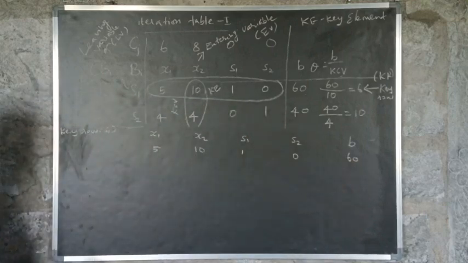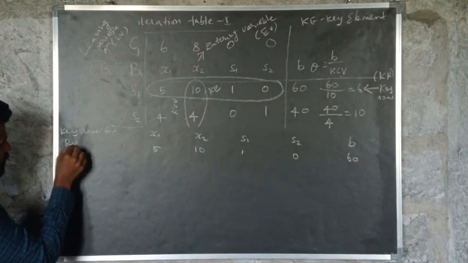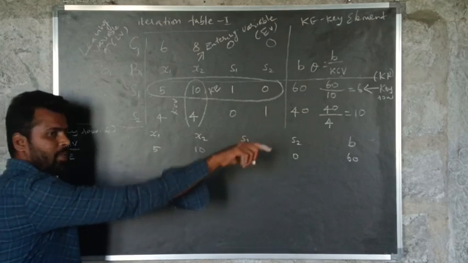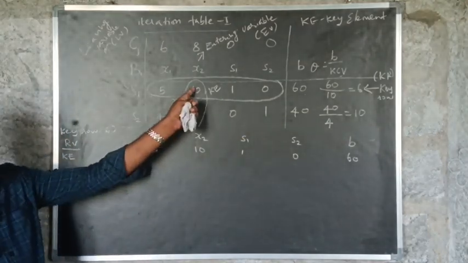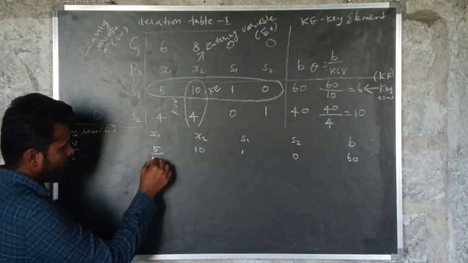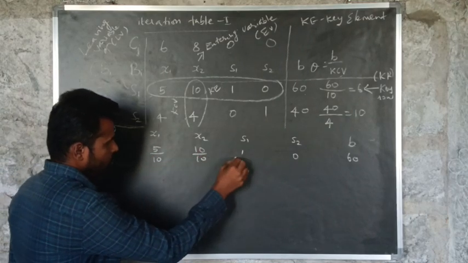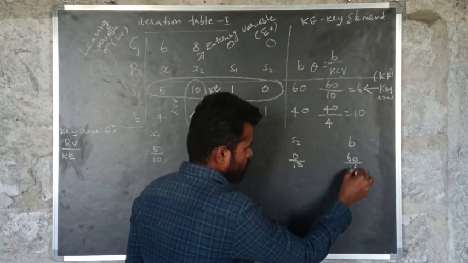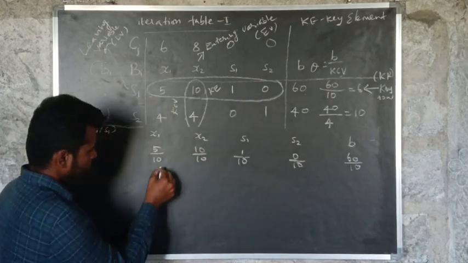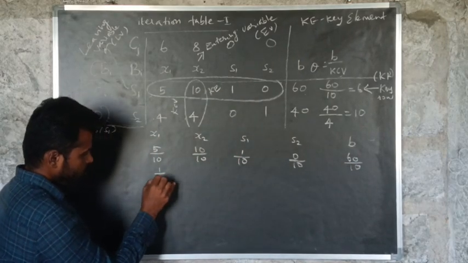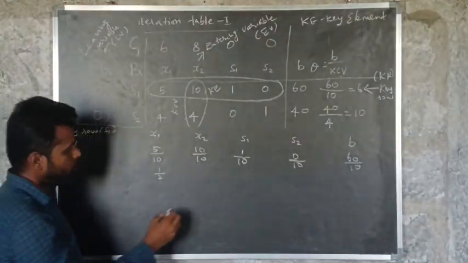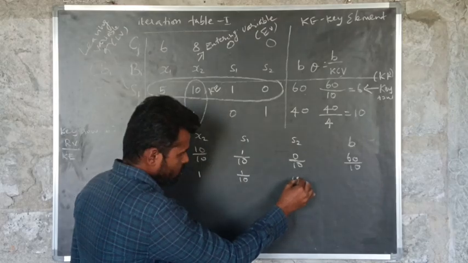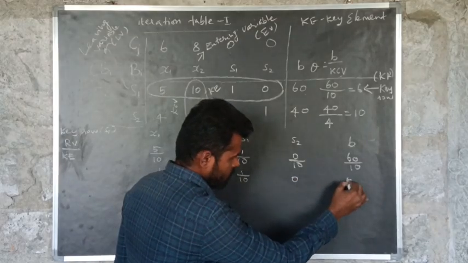We know this row value is divided by the key element, which is 10. So divide all values by 10. Always use fractions, don't use decimal values. What I get is 1 by 2, 1, 1 by 10, 0, and 6.